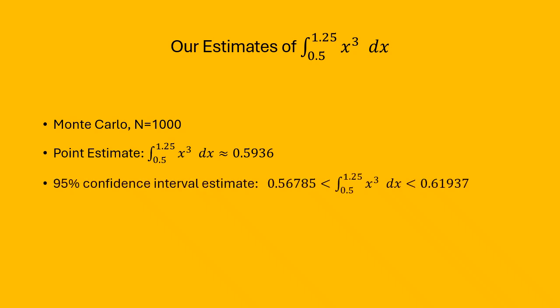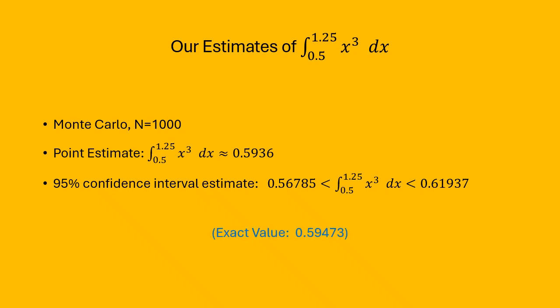Our interval estimate with 95% confidence level was that the integral was somewhere between 0.56785 and 0.61937. On the upper and lower bounds of this interval, I rounded off to, I guess, 5 significant digits.